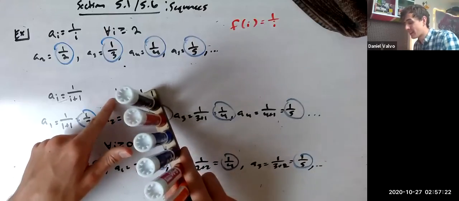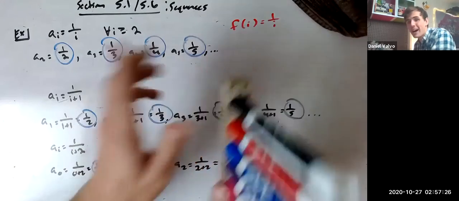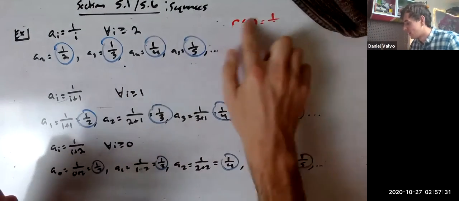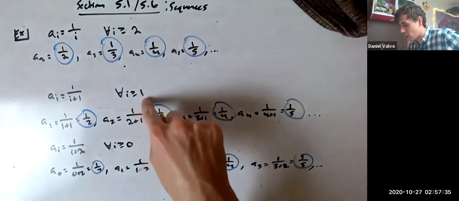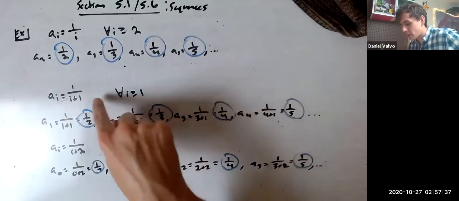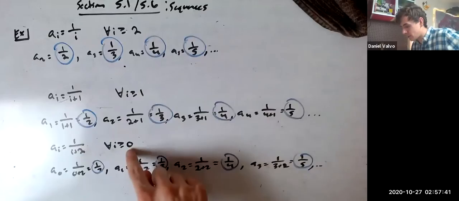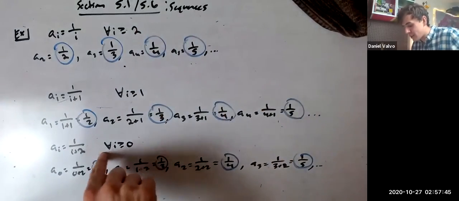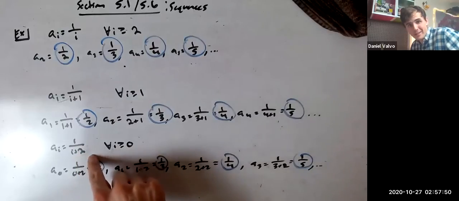So if you want to start 1 less, you have to shift f of i over by 1, to plug in f of i plus 1. The point is, because we're shifting the starting point 1 back, you have to shift the sequence 1 forward for everything to even out. And here we're shifting the starting point from 2 to 0. We're shifting the starting point 2 back, so we need to shift what we're plugging into the sequence forward by 2.